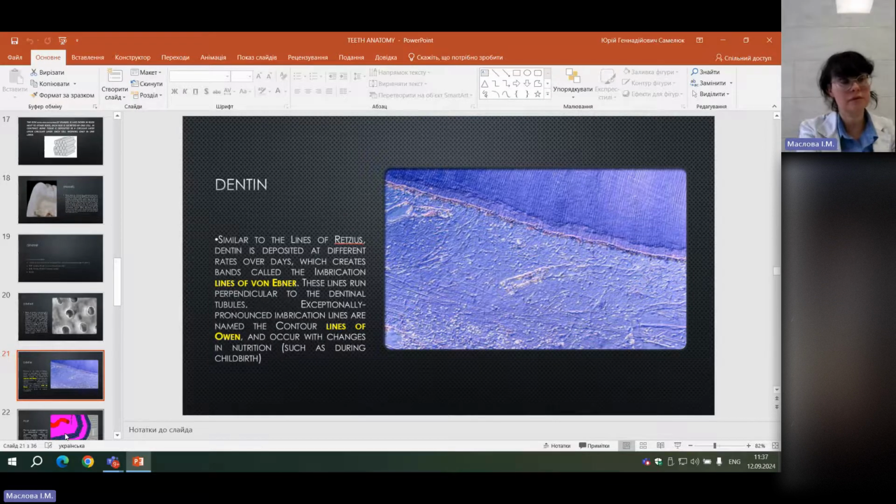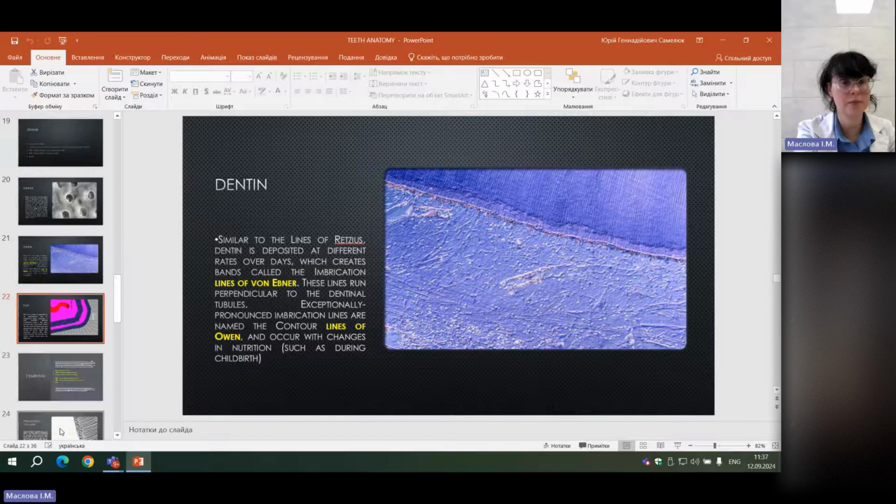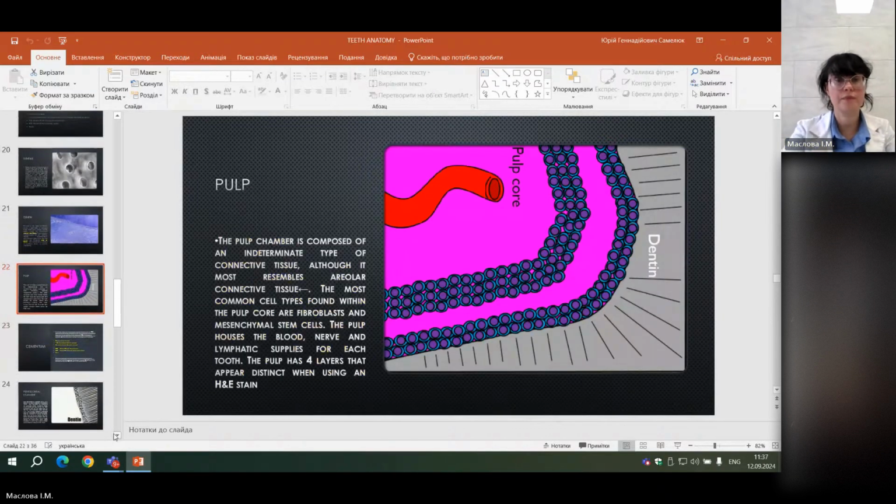The next structure is the dental pulp. Dental pulp exists in the pulp chamber. The pulp is composed of a soft type of connective tissue, although it most resembles areolar connective tissue.